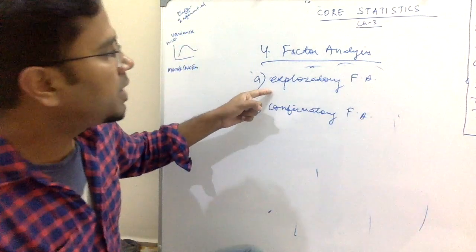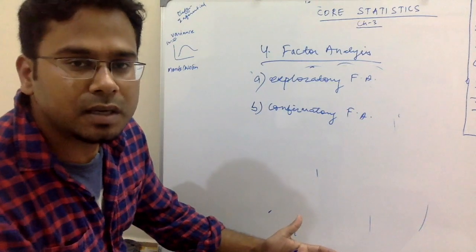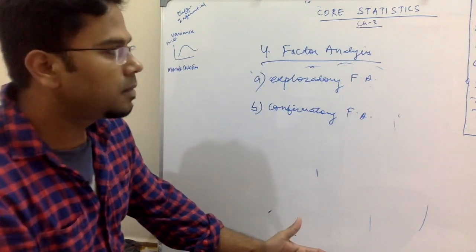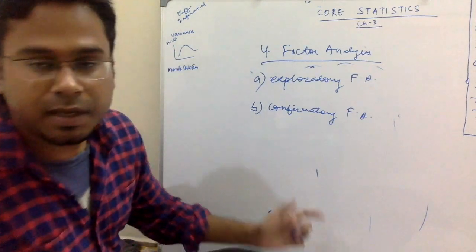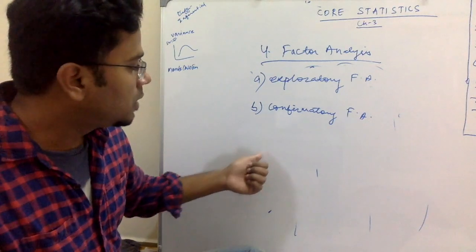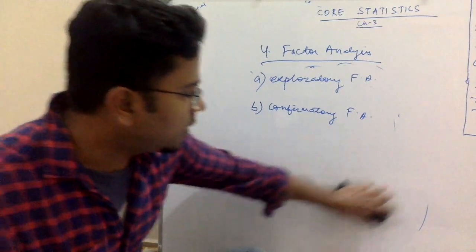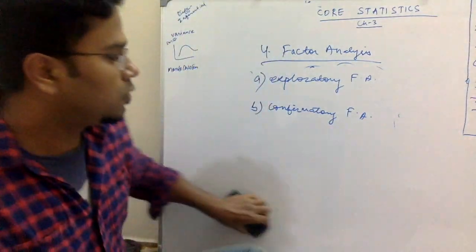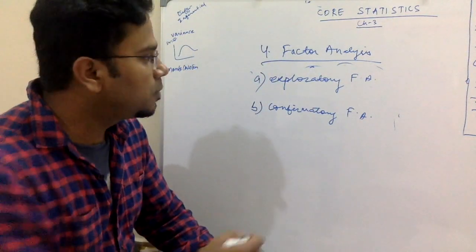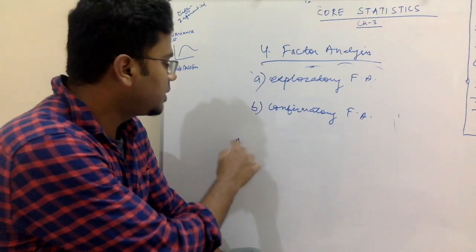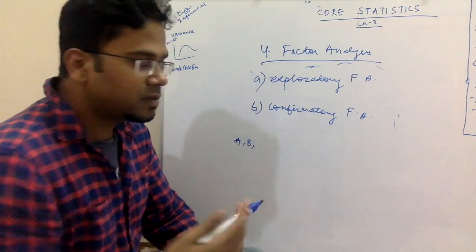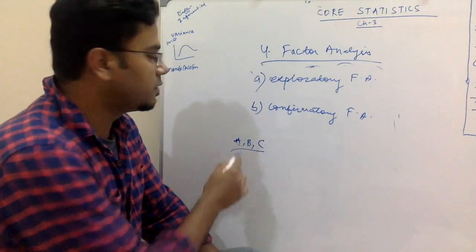Exploratory means where you don't know how many factors are there. So in that intelligence example which I was giving you, you did not know how many. You tried to find a new definition for IQ. You took many columns. You did not know how many factors there are. After seeing the data, you found out okay, there are just three factors.